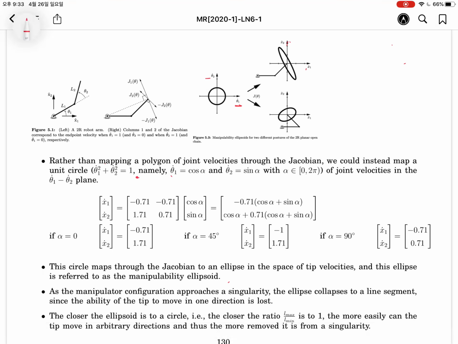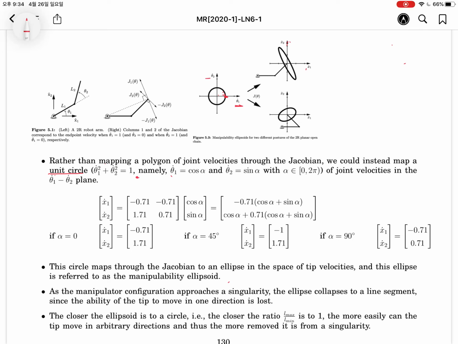This kind of polygon is not a general concept, so we will introduce a unit circle to indicate unidirectional, omnidirectional characteristics. It means every point is 1 radian per sec from the viewpoint of theta.